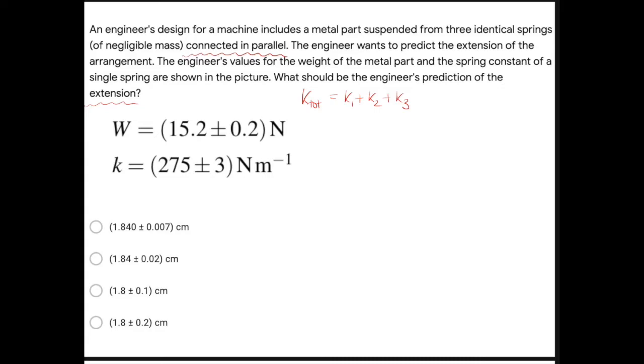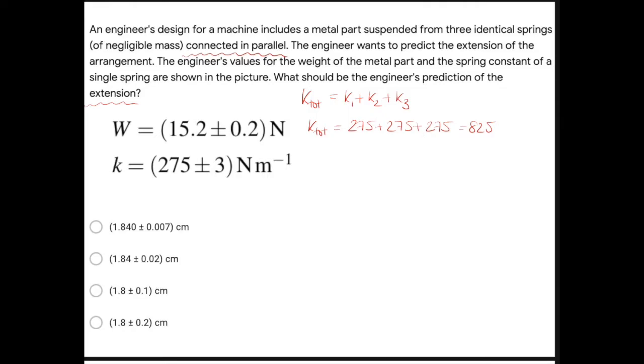Okay? So the first thing we need to do here is say, what is our actual overall value for K and what is our overall absolute uncertainty for K? So K total, because the three springs are identical, is simply 275 plus 275 plus 275, which gives us a value of 825.